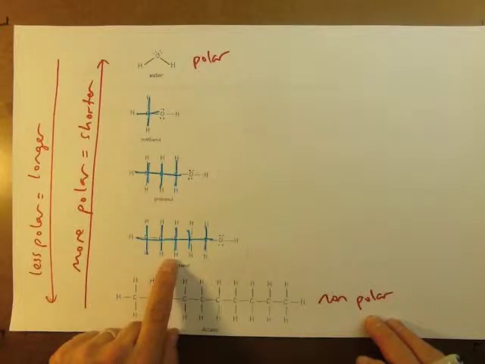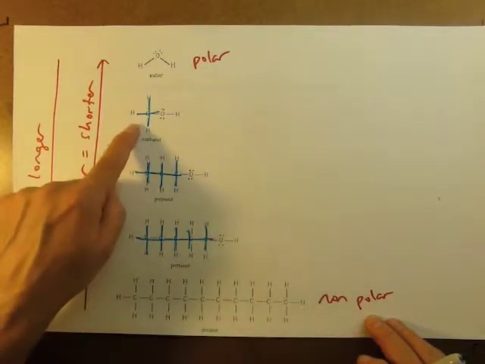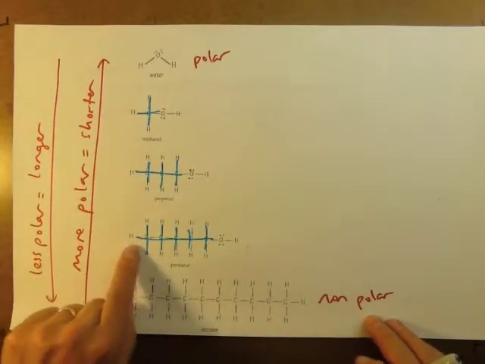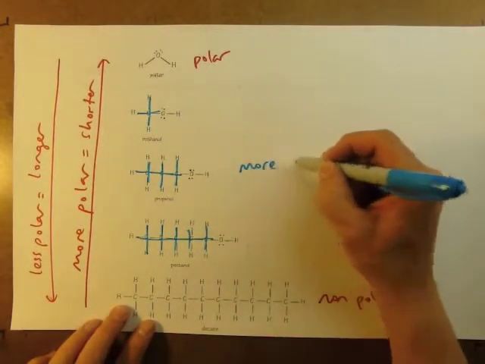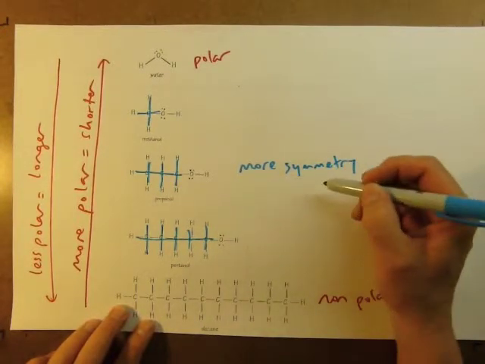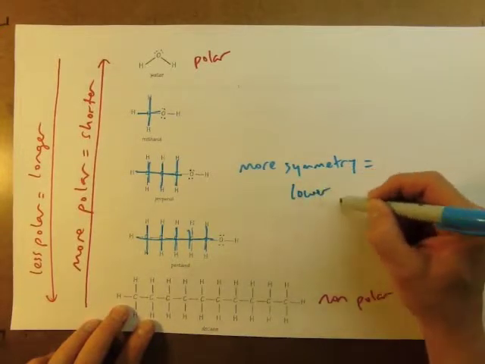This symmetry is what gives this molecule its nonpolar nature. And the shorter it is, the less of that symmetry you find in the molecule. The longer it is, the more of the molecule shows that symmetry. So more symmetry, because it's a longer molecule, more symmetry equals lower polarity.